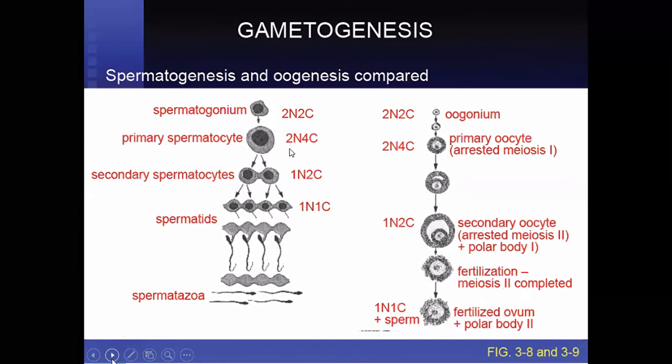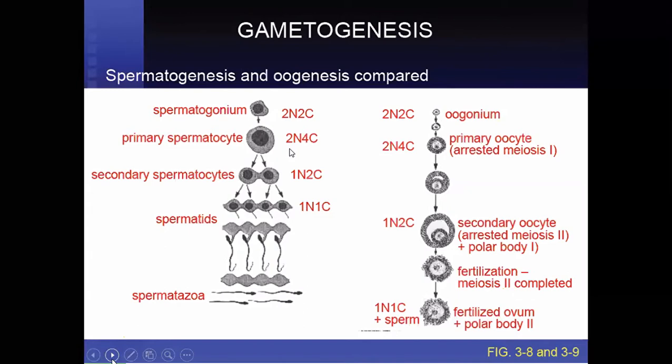Okay? Now, on your slide now, you have the comparison of spermatogenesis and oogenesis. Okay? So, the spermatogonium as well as the oogonium will be diploid in number. See? 2n in number. Your primary spermatocyte also has 2n in number.